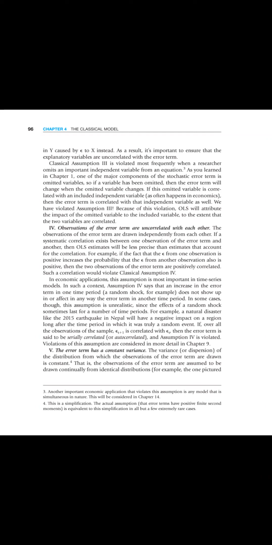So what does the school do? They make these courses prerequisites so that you don't carry forward that error to the next period, right? So that your failure at second level should purely be by chance. We should not say you failed because you failed first level. So that's an example where observations of the error term are uncorrelated.